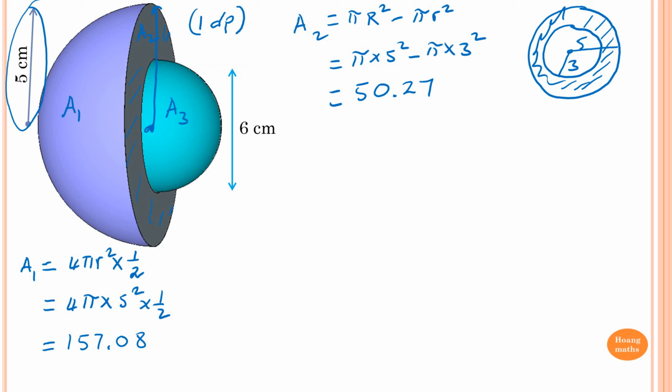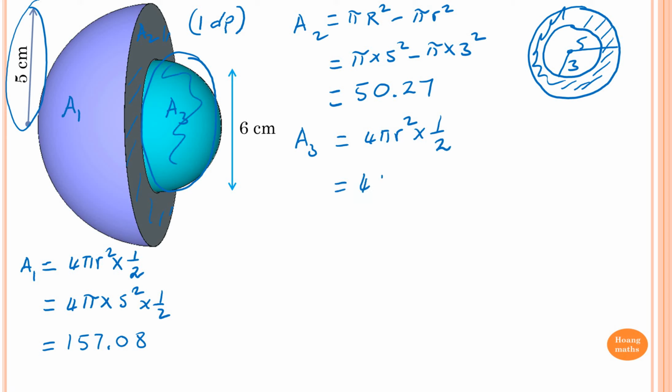Now the last part is part 3. Again, this part 3 here is half of a sphere. So A3, the surface area of a sphere is 4 pi r squared. Then I need to times by half because we only need to find half of it.